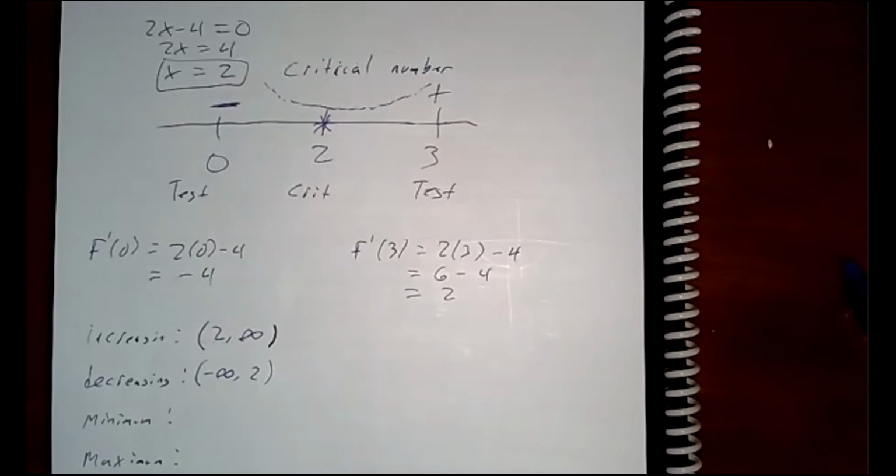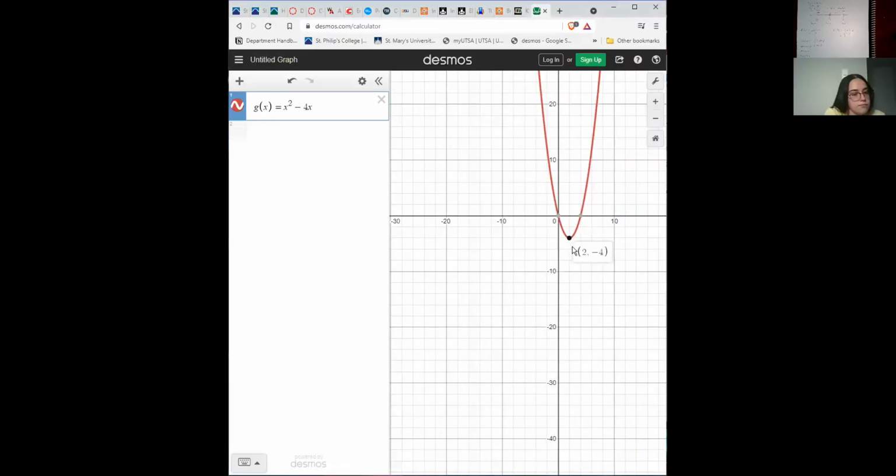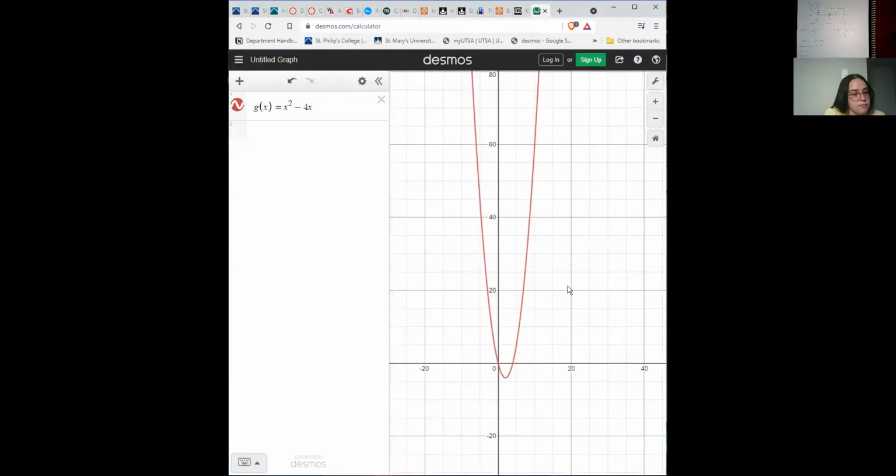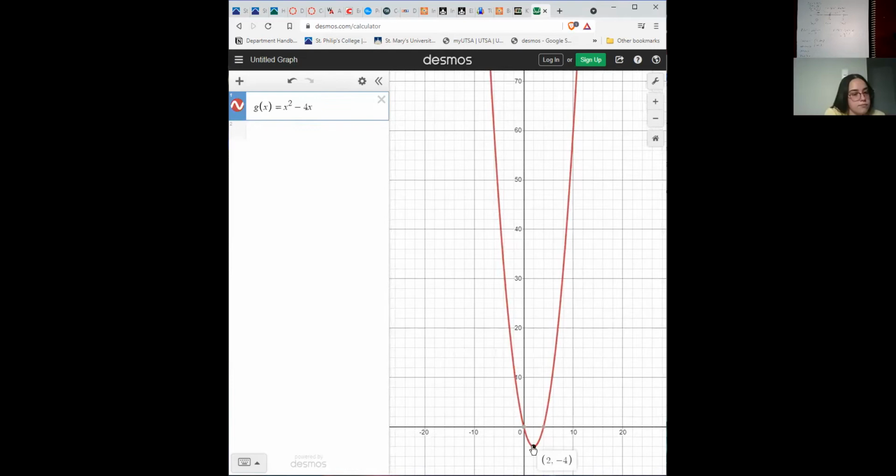Let me show you the graph of this guy so it can make more sense. See how this is the critical number 2, right there? So from negative infinity up until 2, I'm decreasing, but at 2, things change because it's a point of change.